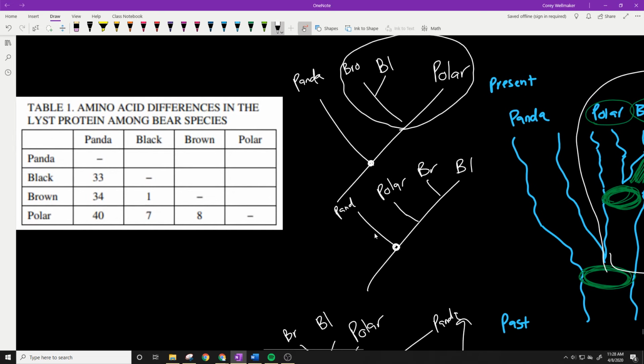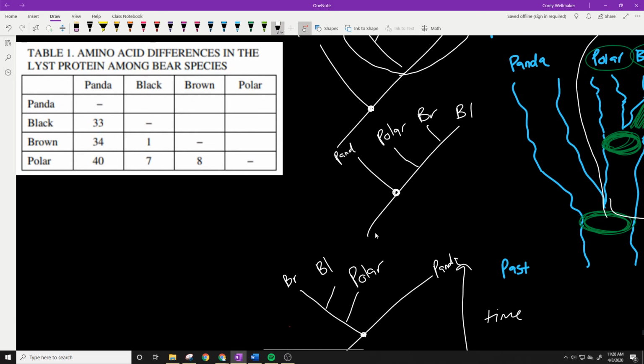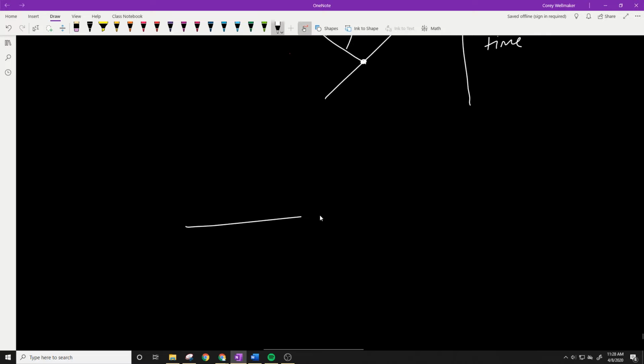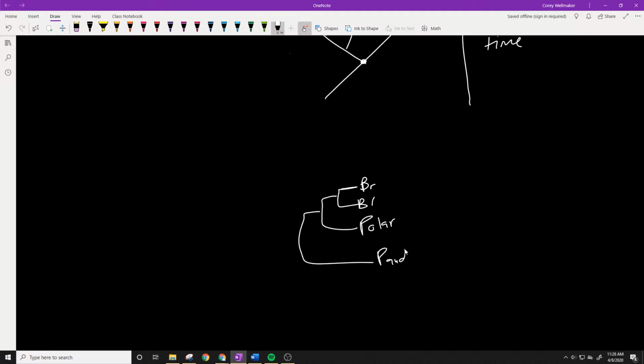So the vertical position of the node is what's important when you're building your trees. Or if you're building your tree from left to right, then the left-right matters. Like if I want to build the tree like this, so brown, black, polar, and then panda, then yes, left to right is important because in this case, left to right is time.